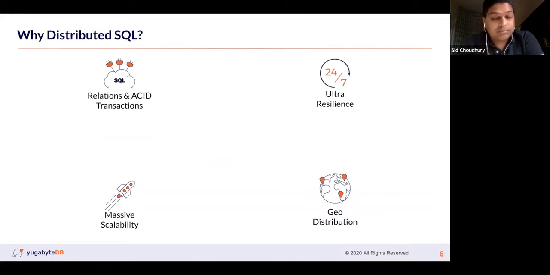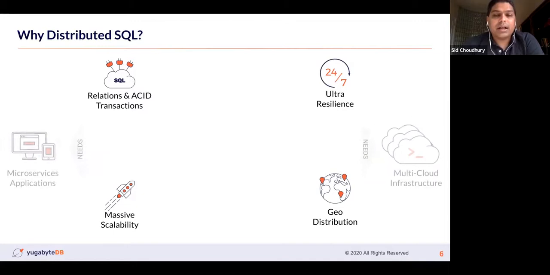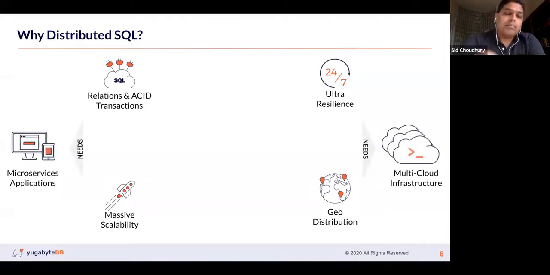Now, briefly as to why this is important, I touched on it, but summarizing it again, as we build more microservices applications, they need the ability to do flexible data modeling, relational data modeling with SQL. You model your data one time, and then you can change your queries as your business requirements change, which is a very vital capability. And the ability to scale on demand without blinking an eye is essentially the need of those microservices applications.